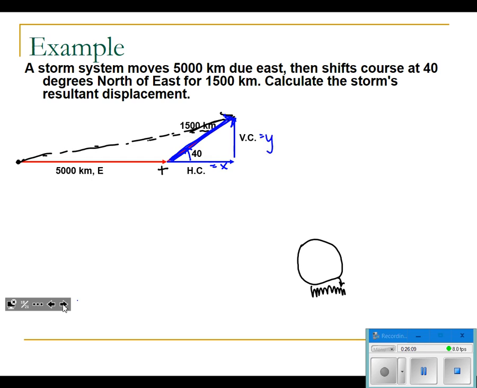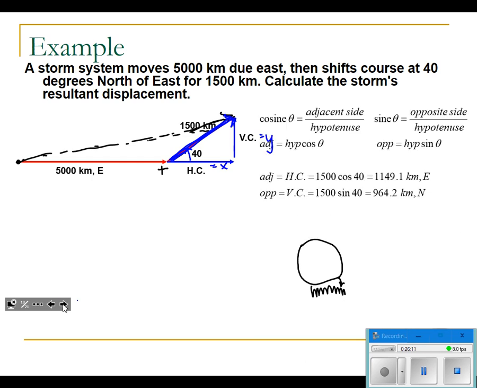Okay, so if I do that, I can then find that this extra little piece, my x component, would be 1,149.1, and my opposite, my y component, would be 964.2.